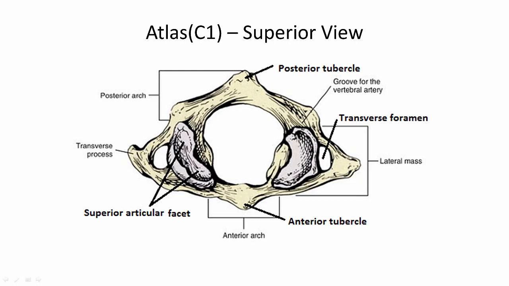Superior articular facet, which comes off the superior articular process. Atlas is weird because the superior articular process actually arises from the pedicle. Pedicle is underneath this. So kind of a weird setup. So this is all transverse process, all of this, because the transverse process contains the transverse foramen here.